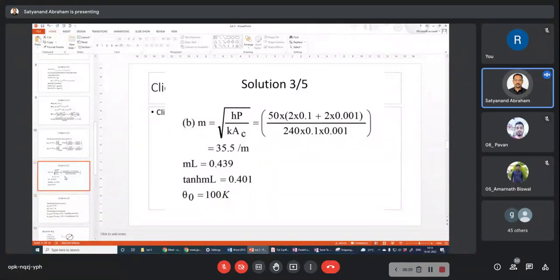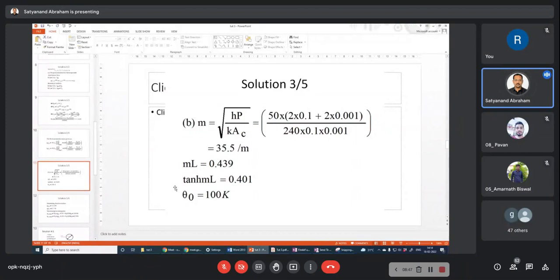First we have to find m. So m is equal to the square root of hP by kAc. h is given. Perimeter we can find from the dimensions given, and cross section also we can find from the dimensions given.